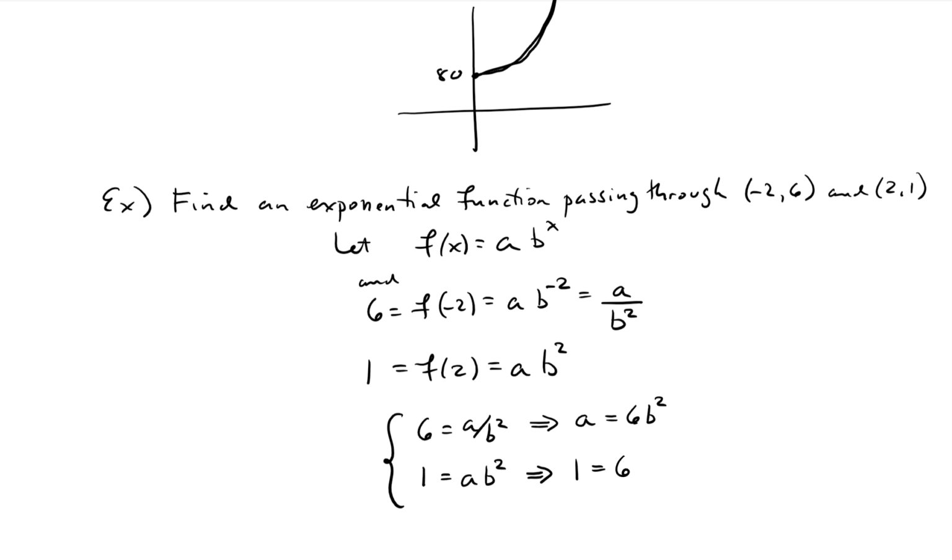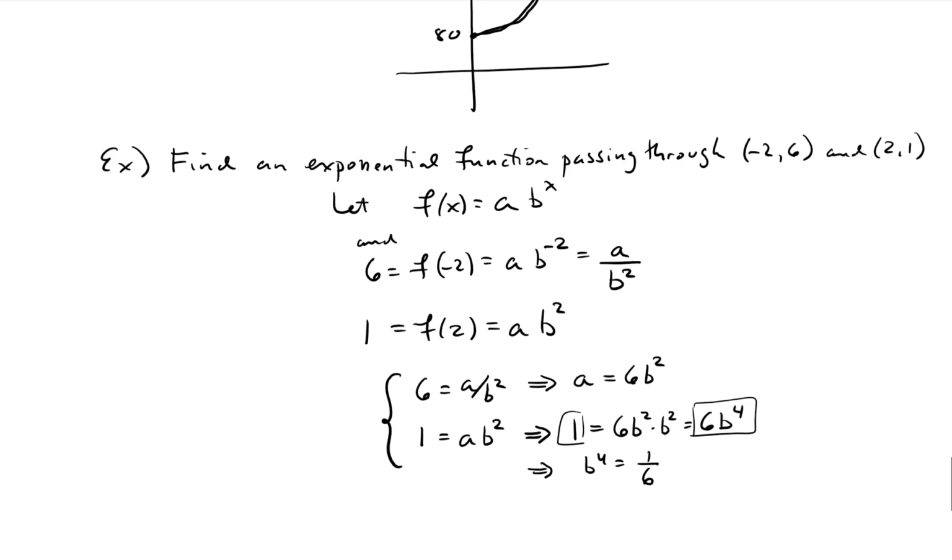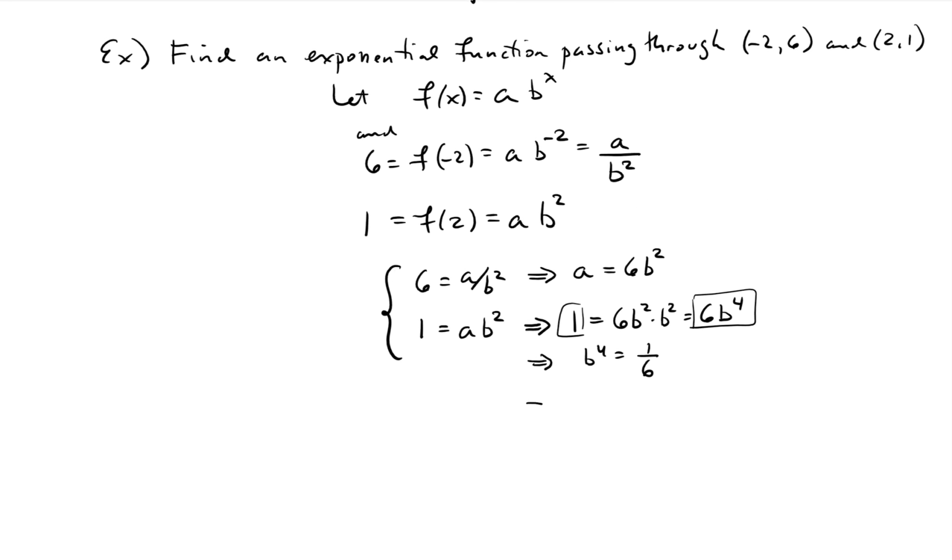So that's going to give me 6b squared times b squared, in other words, 6b to the 4. And solving for b gives me b to the 4 is 1 over 6, right? Just equating this with this and dividing by 6 on both sides. And that means that b is (1/6) to the 1/4.